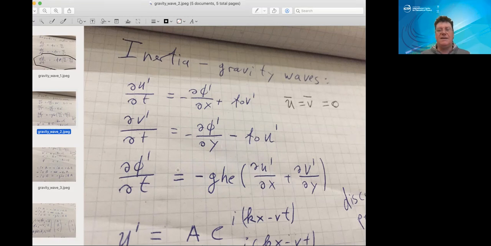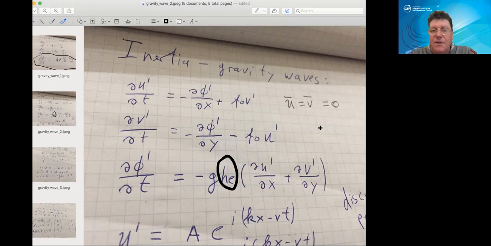And this mean height in this set of equations is called HE, some scale height of our system. So this is the set of equations for our inertial gravity waves for which we want to derive the dispersion relationship in a linearized way. You know how linearization works, right?